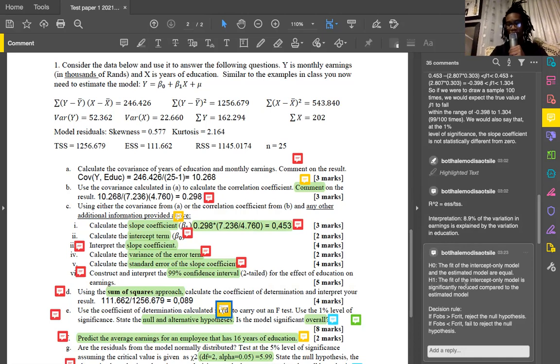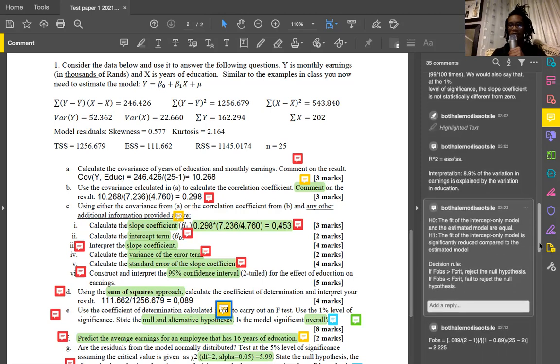With the F test, we often find that our null and alternative hypotheses don't always end up being like your B1 equals 0. Sometimes you can state it in numbers, but it would be very nice for you to state it in words as well. So here we have our null hypothesis, which states that the fit of the intercept only model and the estimated model are equal.